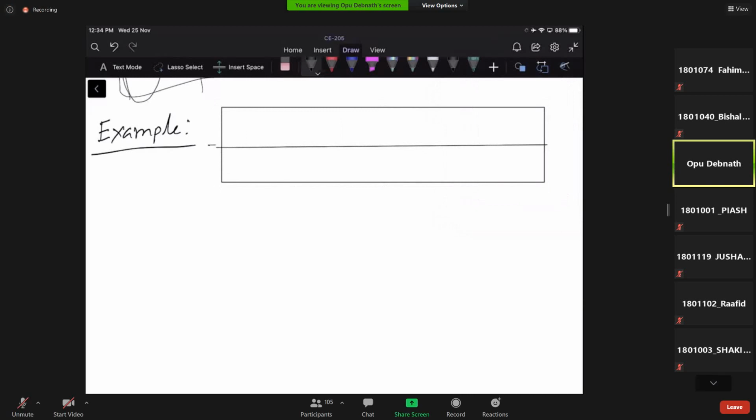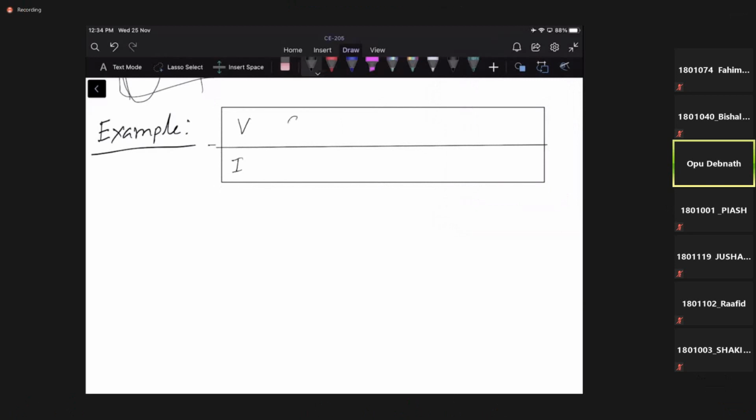This example shows the V versus I data: 8, 10, 12, 14, 16, with corresponding current in milliampere: 1000, 3250, 5400, 8950.